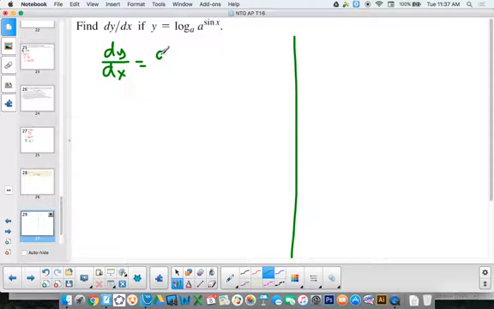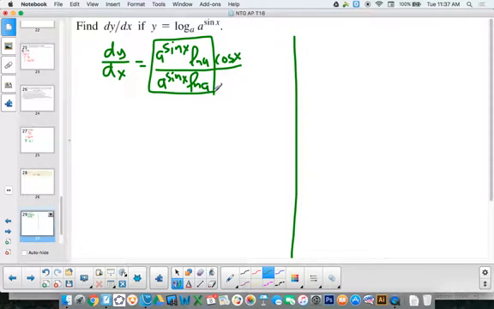The derivative of that is a to the sine x, natural log of a, times the derivative of sine x, which is cosine x. And then over what's inside: a to the sine x, natural log of a. If you notice, this all cancels, and we're left with cosine x.